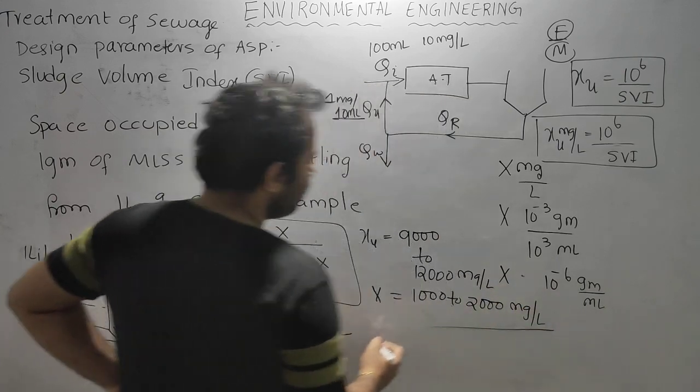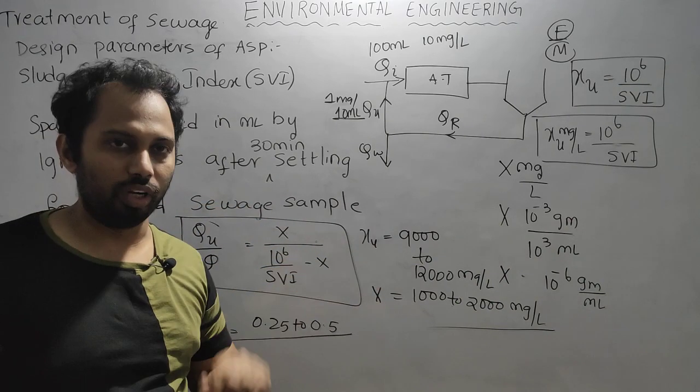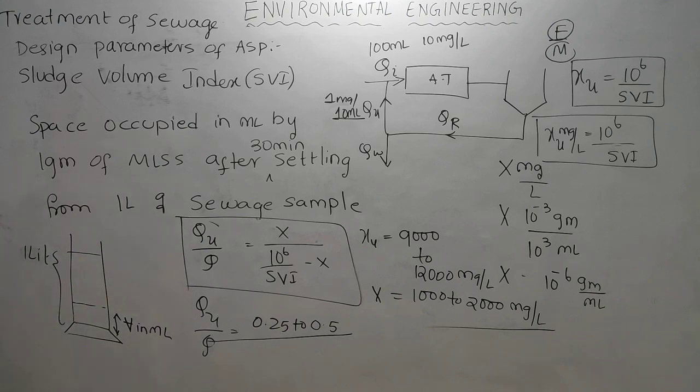Likewise, they two vary. But how much XU we need to send, you will decide from the X only. So this is the importance of sludge volume index. These are the different design properties of the activated sludge process.